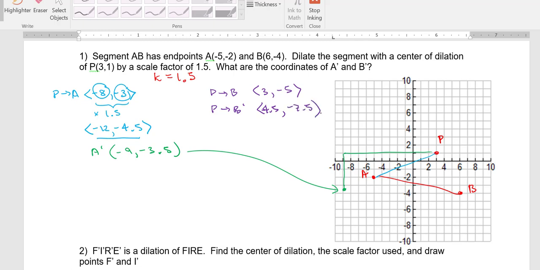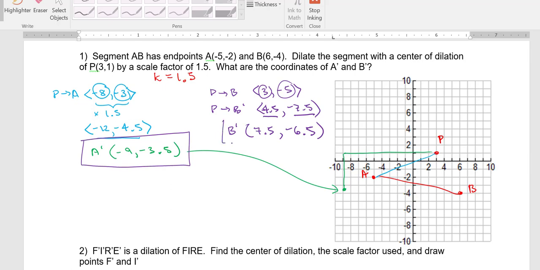Again, I'm just multiplying the original x and y values by 1.5. So B prime is going to end up being, if I go 4.5 in the x direction, negative 7.5 in the y direction, 7.5 comma negative 6.5. And those will be my new coordinates for A prime and B prime.